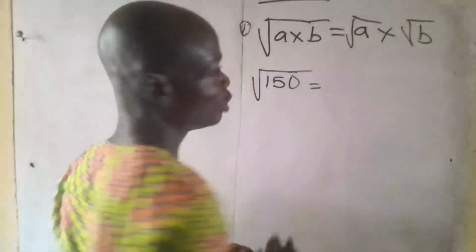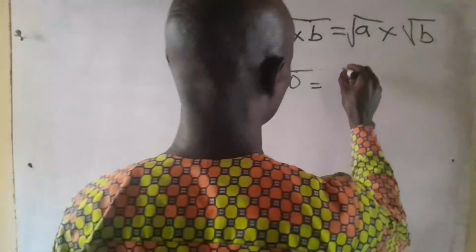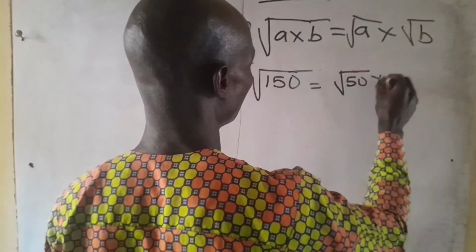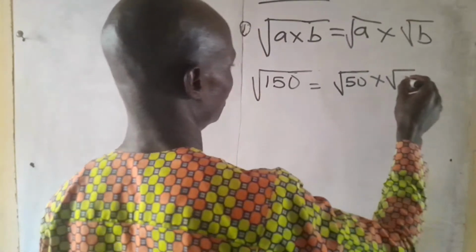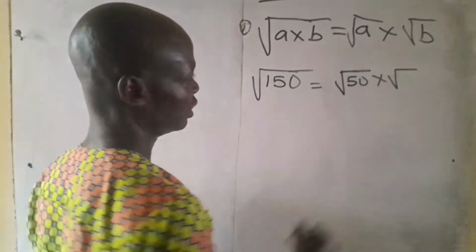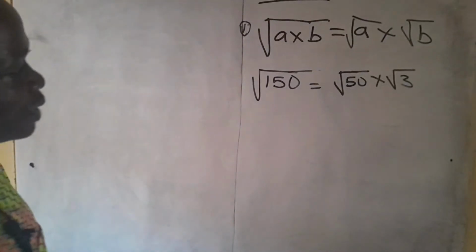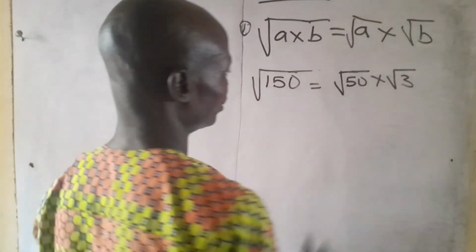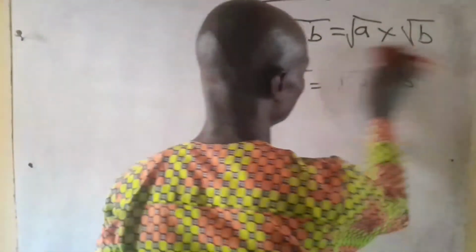I have 50 here, right? I can do root 50, then multiply by root 3, because 50 times 3 is 150.